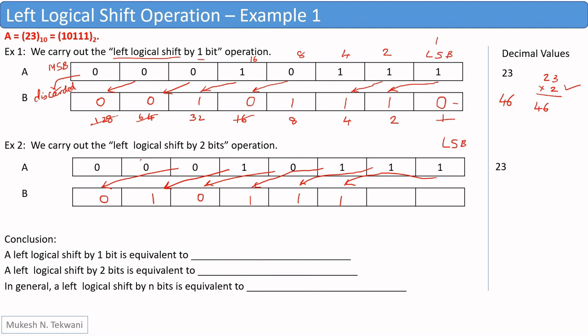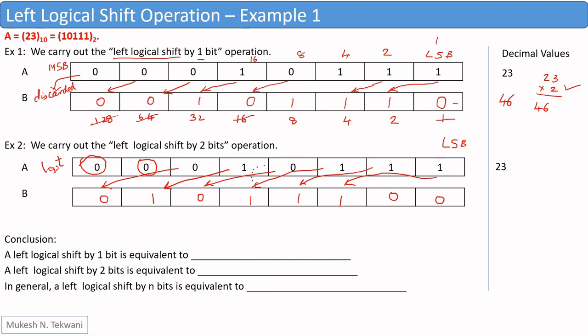Now observe that this 0 and the 0 which is at the most significant bit, both these are lost. They fall off, or are discarded, and we ignore these. And now what happens in the positions at the extreme right? Both these positions which remain vacant will now be filled up with 0.